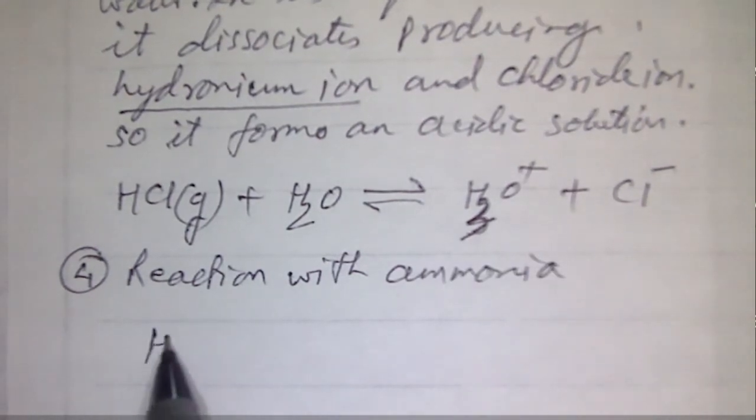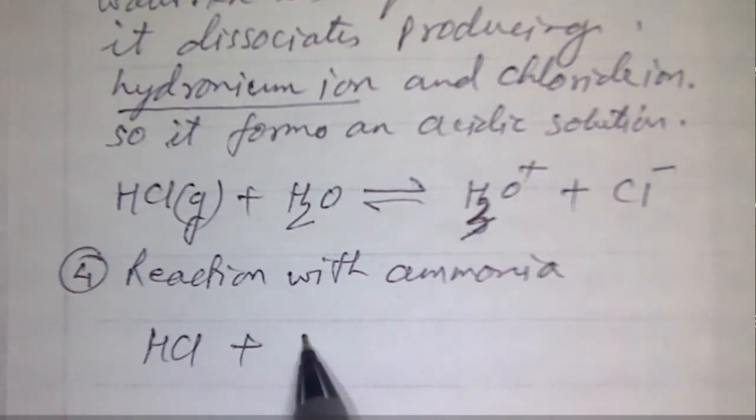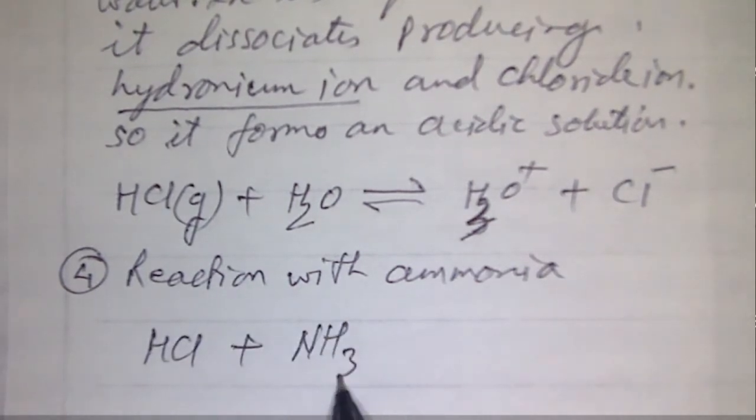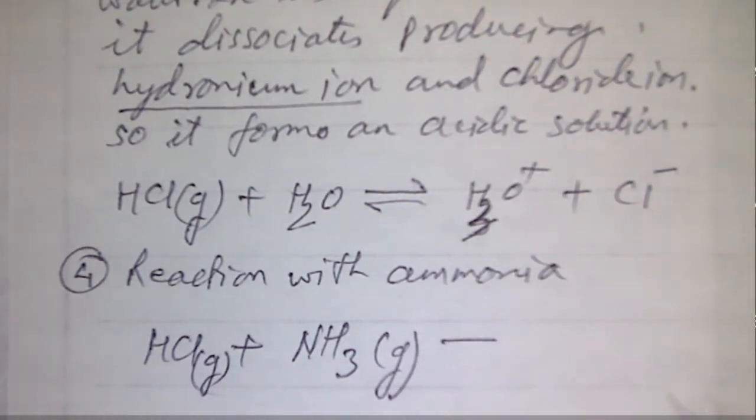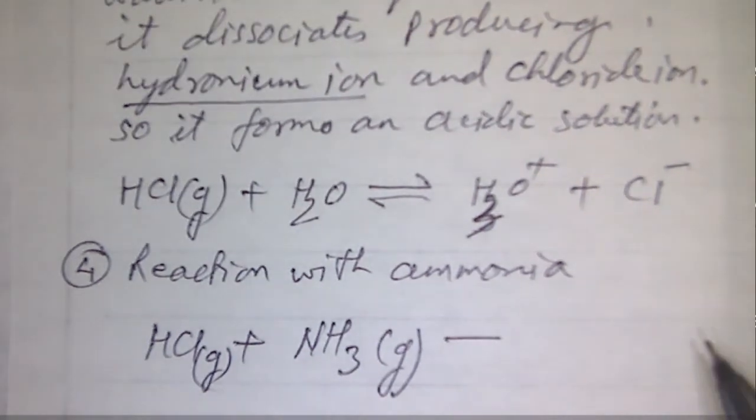What will happen? HCl, we are adding it to NH3. This is a gas and ammonia is also a gas. So two gases, we are mixing it up. So when I mix this, what will I get?